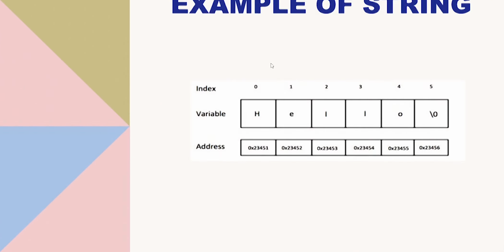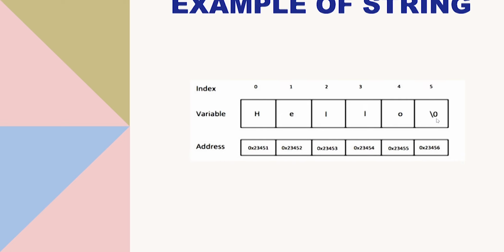Here we have an example of a string where we have taken the string hello. As you can see, each letter has an index: 0, 1, 2, 3, 4, 5. All these are the indexes of each letter. The entire string is divided into single characters and stored within a variable, and the end of the string is a null character.